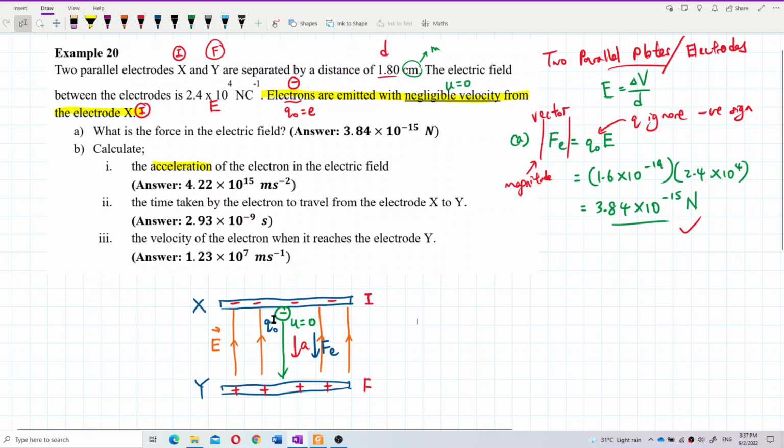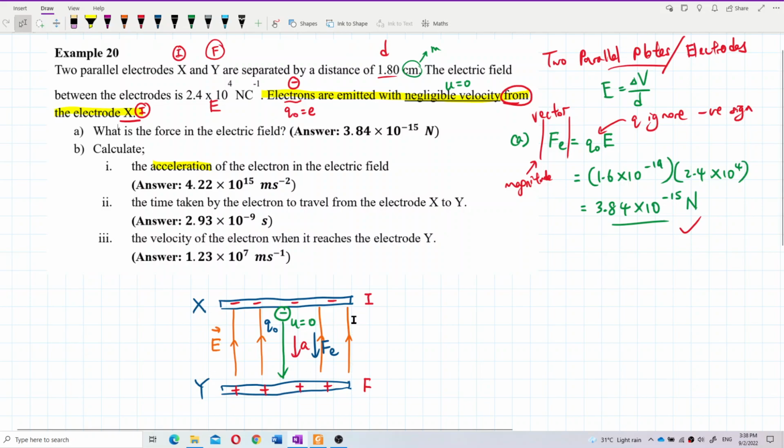The electron moved from X to Y. Why will the electron move to Y? Because Y is a positive plate, and an electron is always attracted to the positive plate. You start from zero velocity and then accelerate downward. So my diagram is correct.